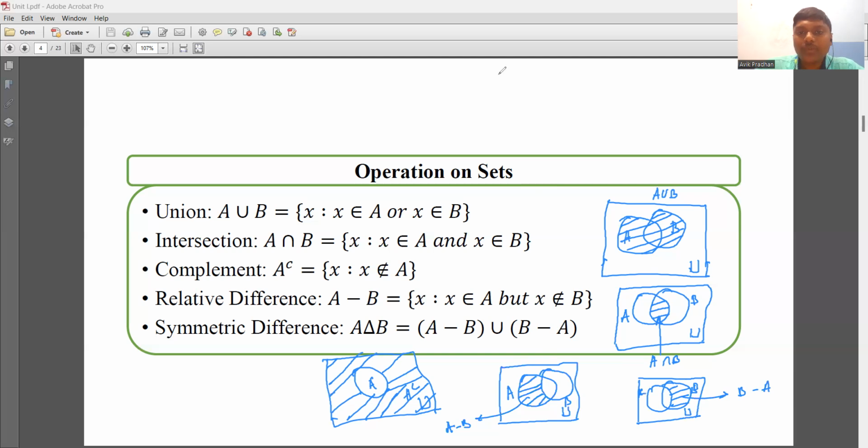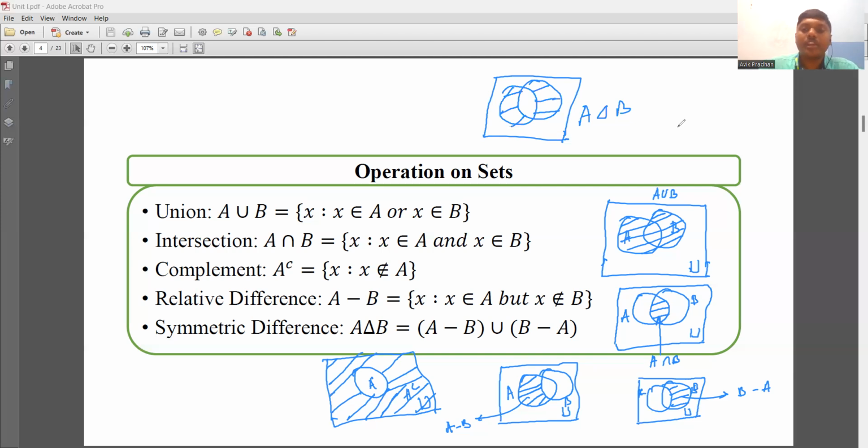Now, the symmetric difference of A and B is the elements of either A or B which are not in the common portion of A and B. This is A symmetric difference B. So the elements of only A and the elements of only B form the symmetric difference.